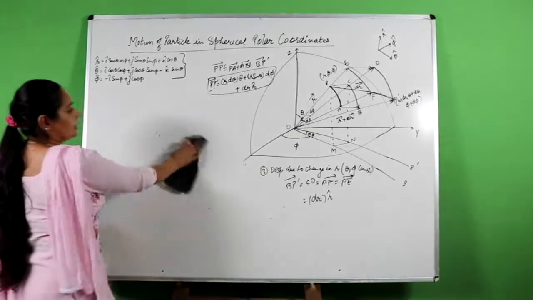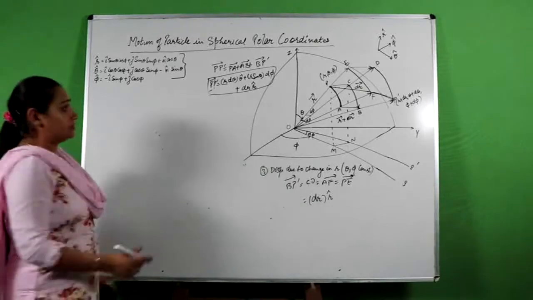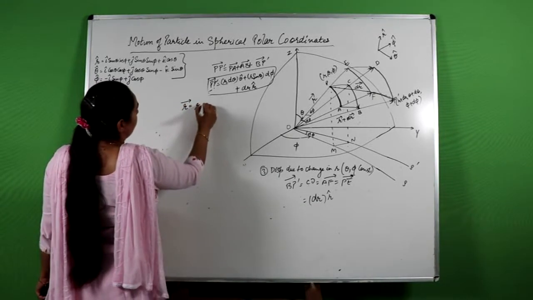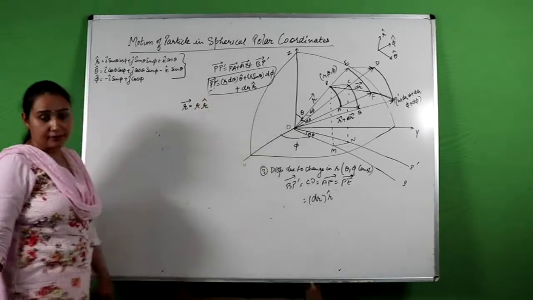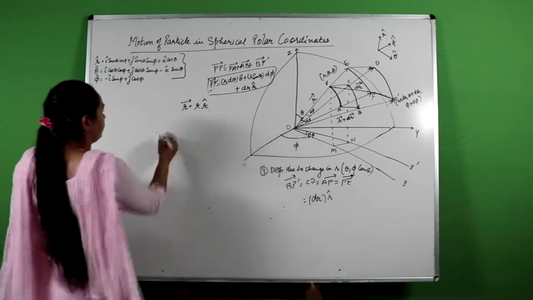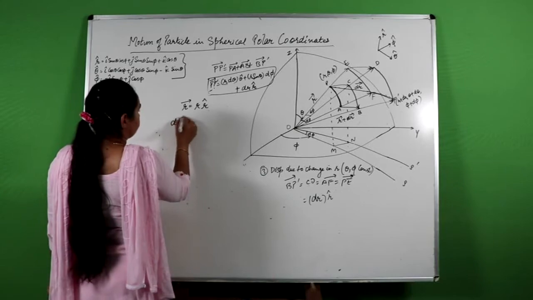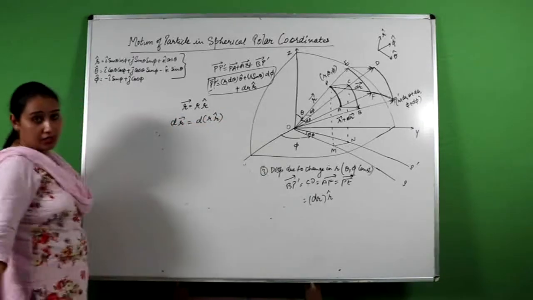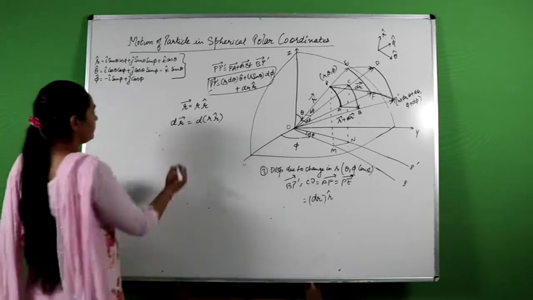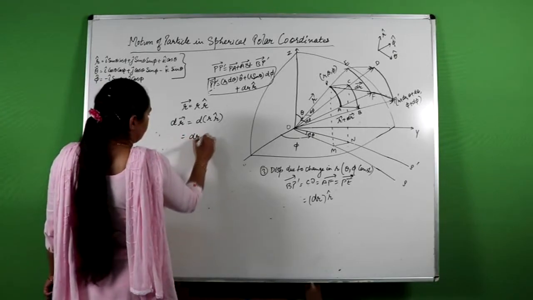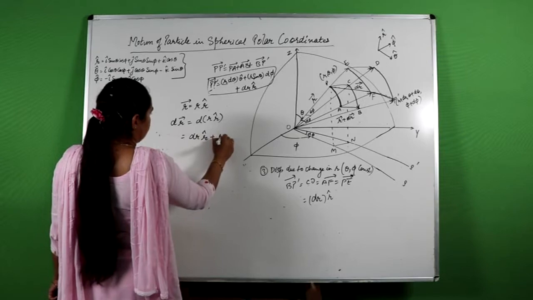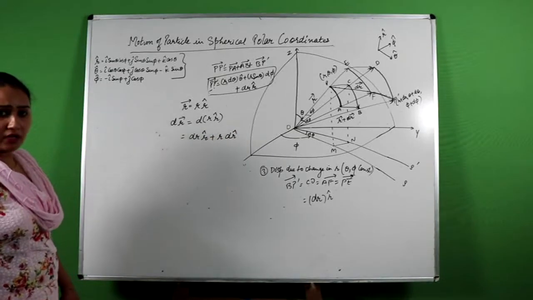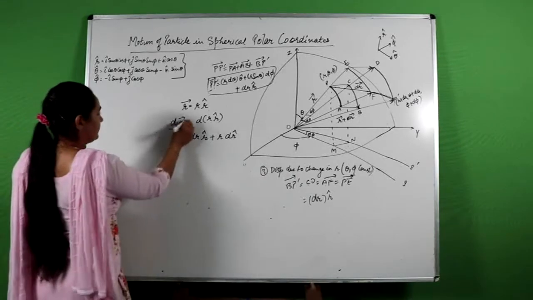Now I can also calculate this value directly from the vector, like I am having r vector is equal to r into r cap. If I differentiate both sides, I will get dr r cap plus r dr cap. Now this is my displacement.